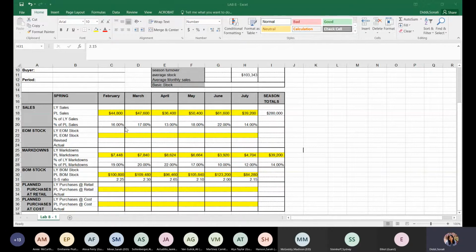Once you're done with your BOM stock, do not type in the EOMs, but go ahead and do is equal to and click on the next month's BOM. So if anything changes, your EOMs can automatically change as well.